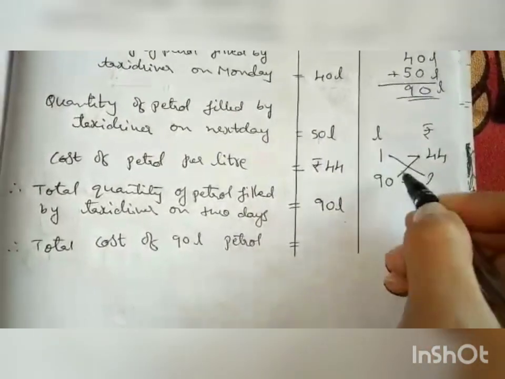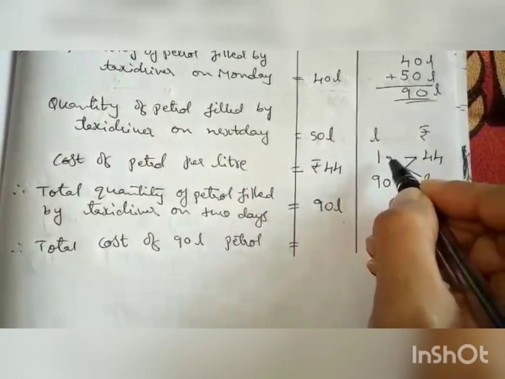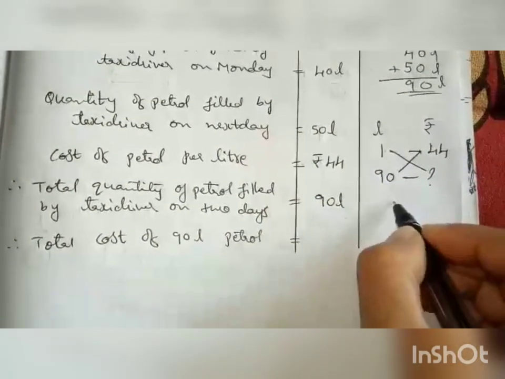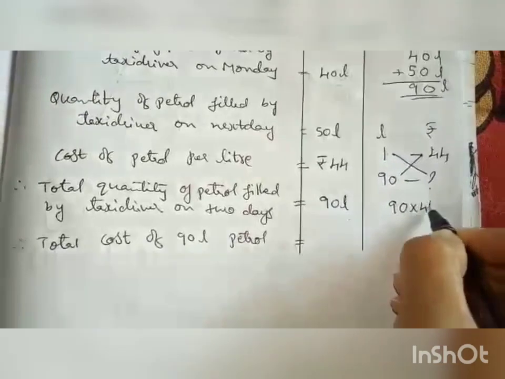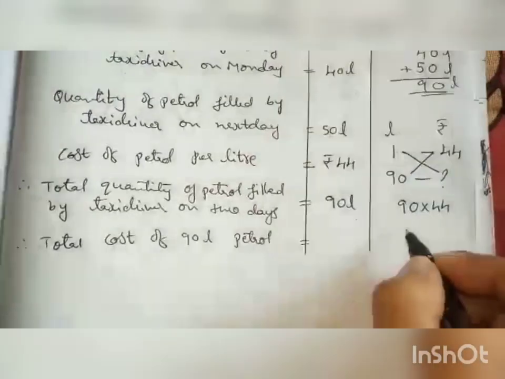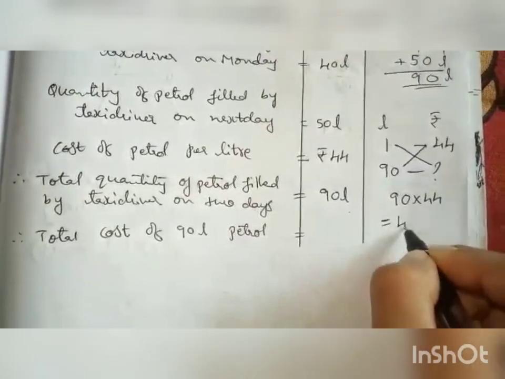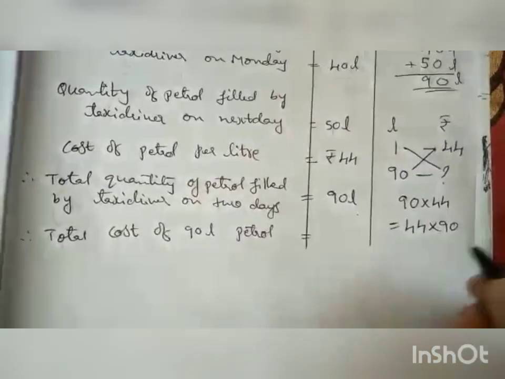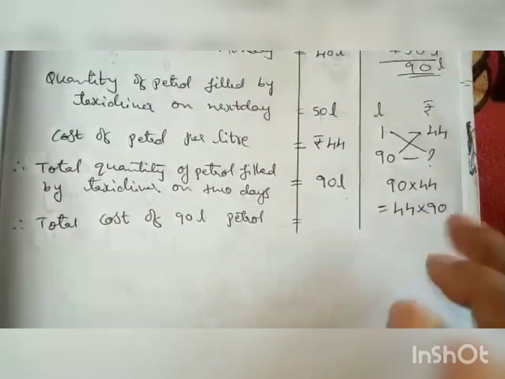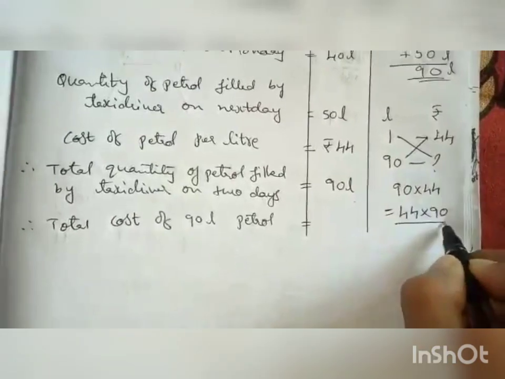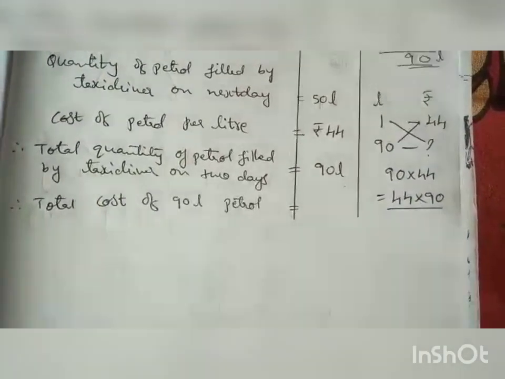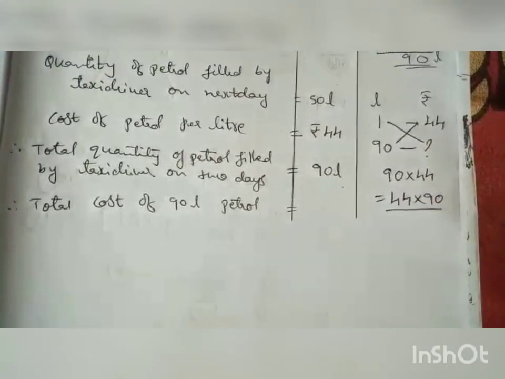Then cross multiply 90 into 44 by 1. So 1 is not required. 90 into 44, or you can also write this as 44 into 90, because of the commutative property of multiplication. We can change the place.